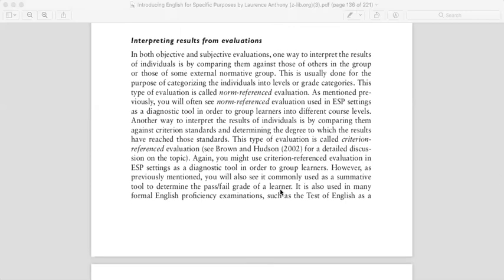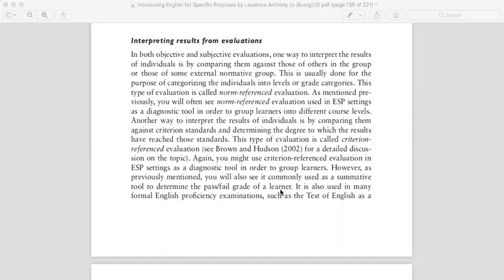Next we are trying to talk about some of the established criteria, or established markers, through which we can evaluate the learners. There are two set patterns, or two established ways, of evaluating the students.